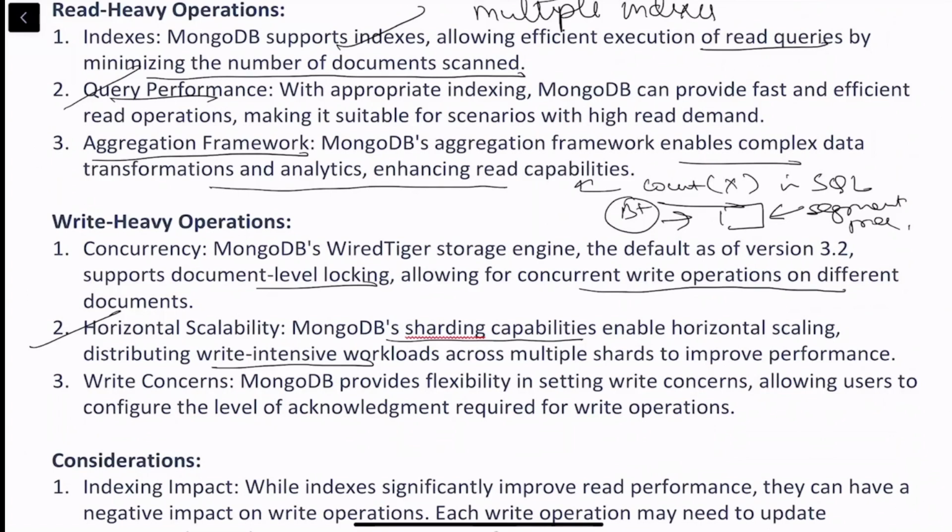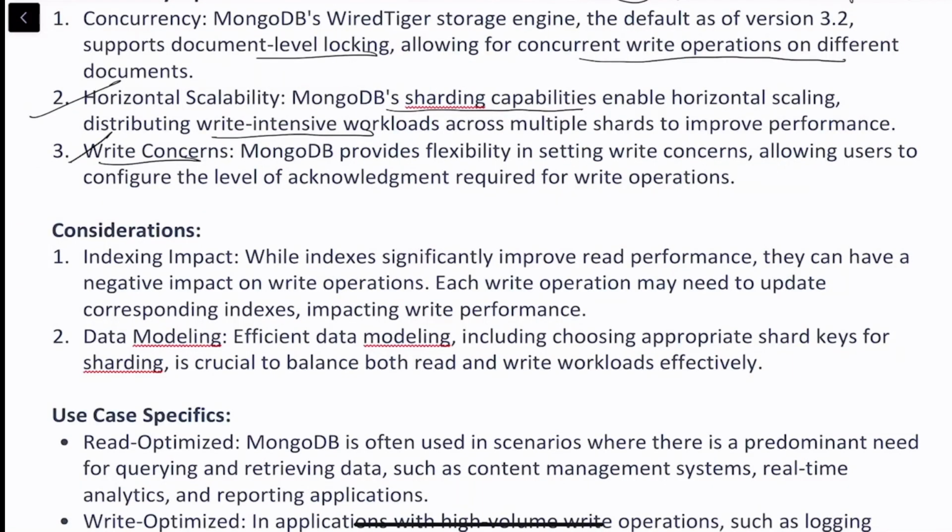MongoDB also provides flexibility in the setting of write concerns. It allows users to configure the level of acknowledgement that is needed for write operations. So as we consider MongoDB for our applications, it is crucial to keep certain factors in mind. The first and foremost is the indexing impact. While indexes significantly improve read performance, they can have a negative impact on write operations because each write operation needs to update the B+ tree index.